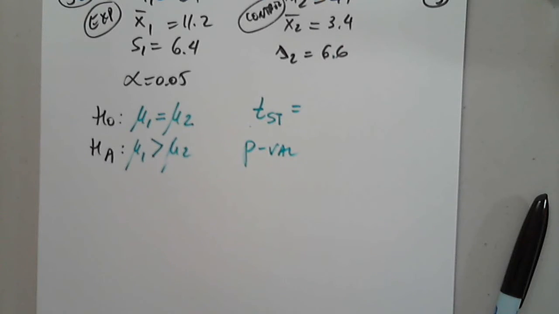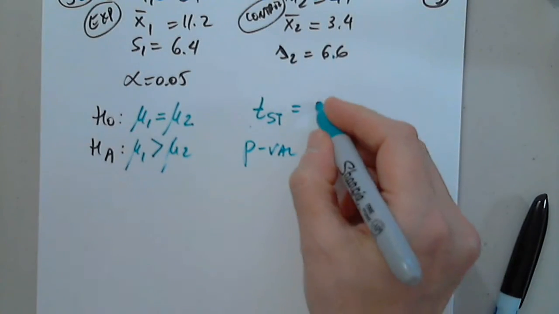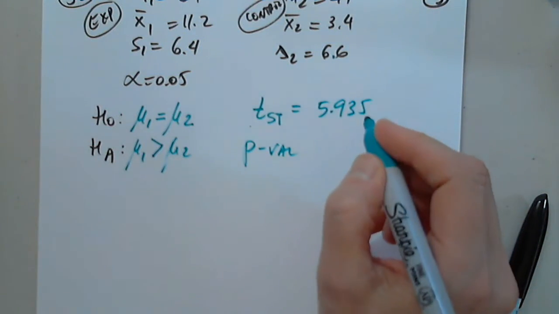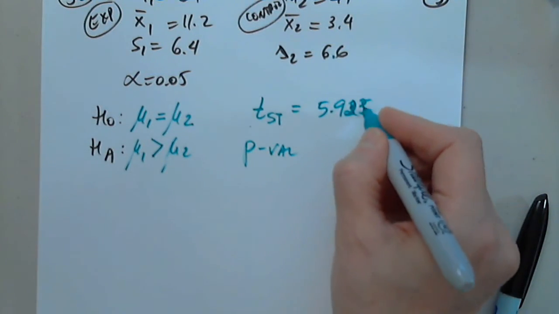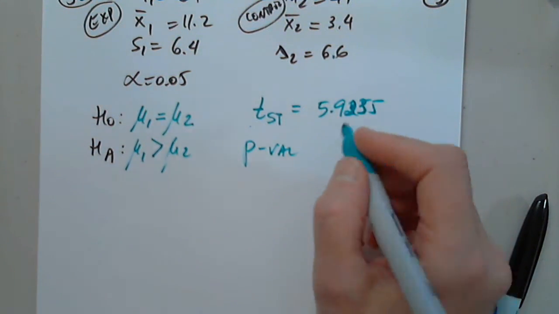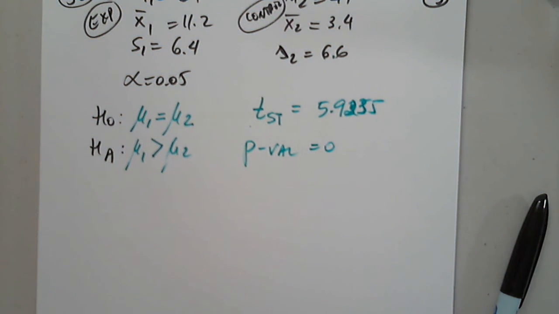Wow! So the T statistic is 5.9359235, and p-value is 0. Okay, what do we conclude?